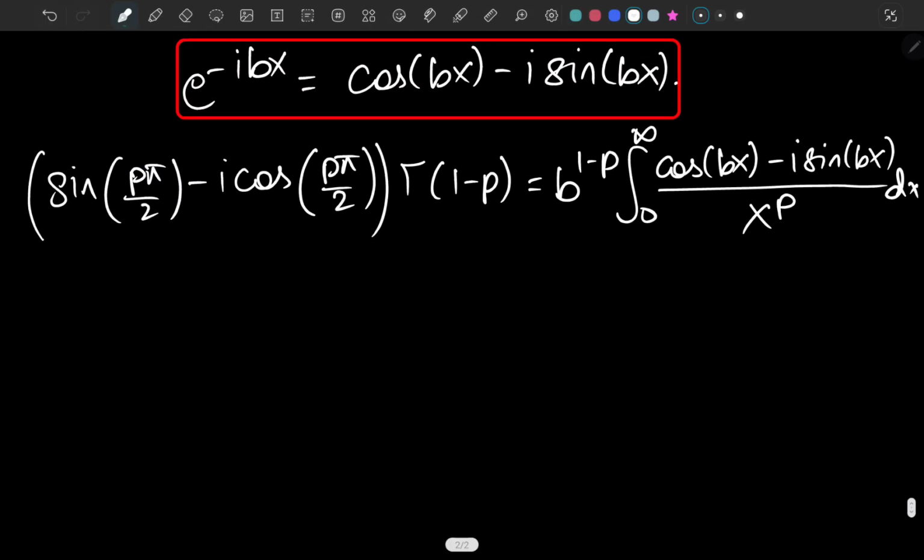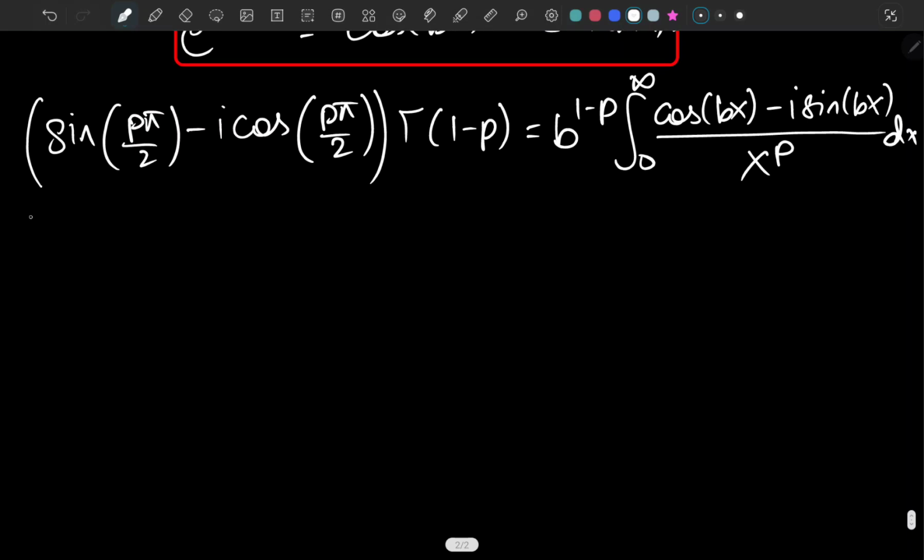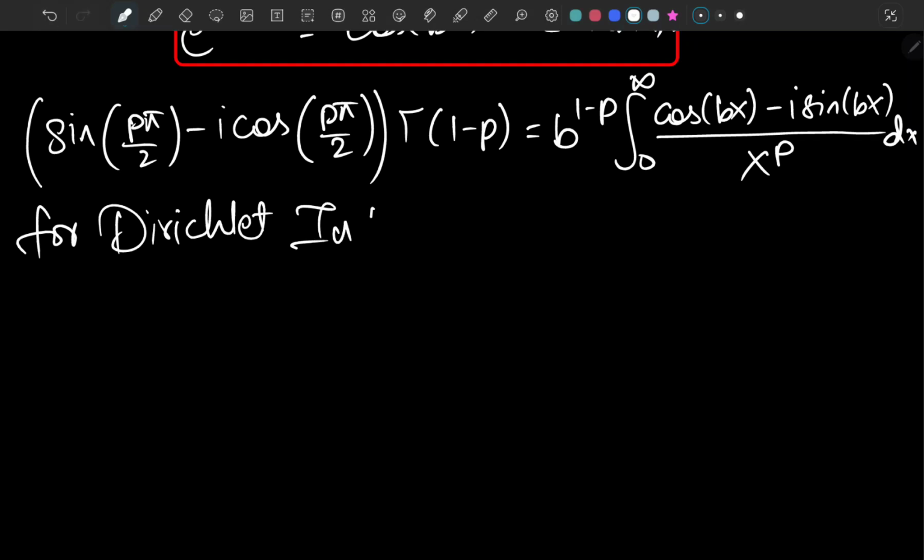Now okay, so now for the Dirichlet integral generalization, we have to take the imaginary part of this equation. Wait a second, let me just write that down.